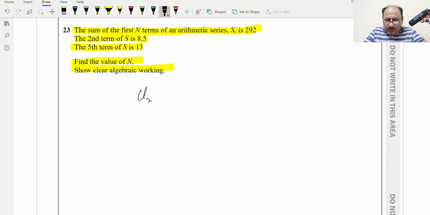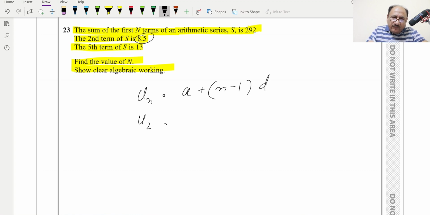So un is equal to a plus n minus 1 into d, and u2 will be a plus 2 minus 1 into d, equal to 8.5.